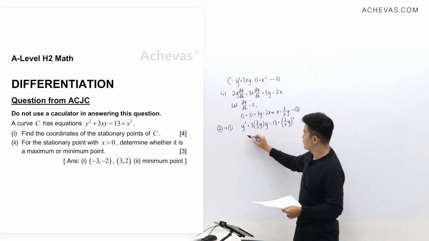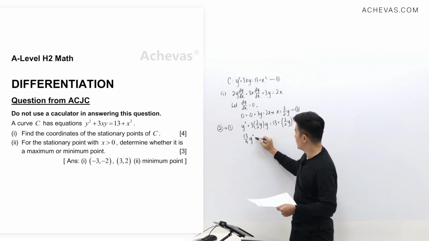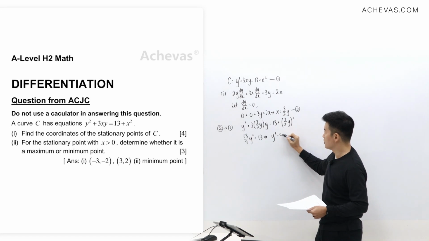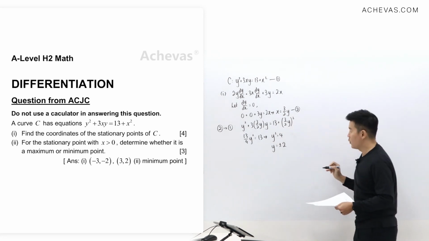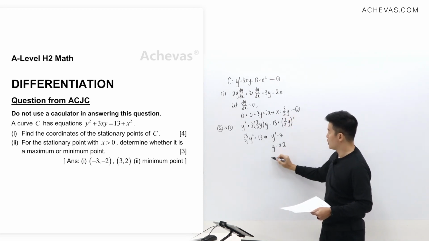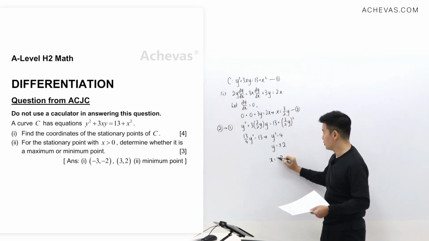Grouping all the y squared terms together gives us 13 over 4 y squared. This is equal to 13. This tells me that y squared is going to be equal to 4, which means that y will be plus or minus 2. And when y is plus 2, we will have x to be equal to 3. And when y is minus 2, we'll have x to be equal to minus 3.